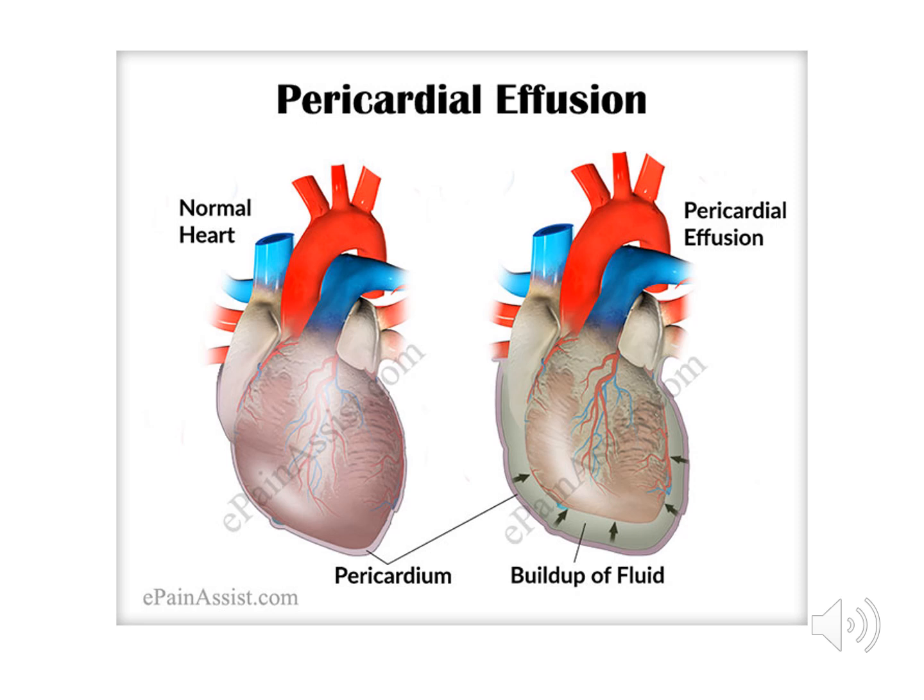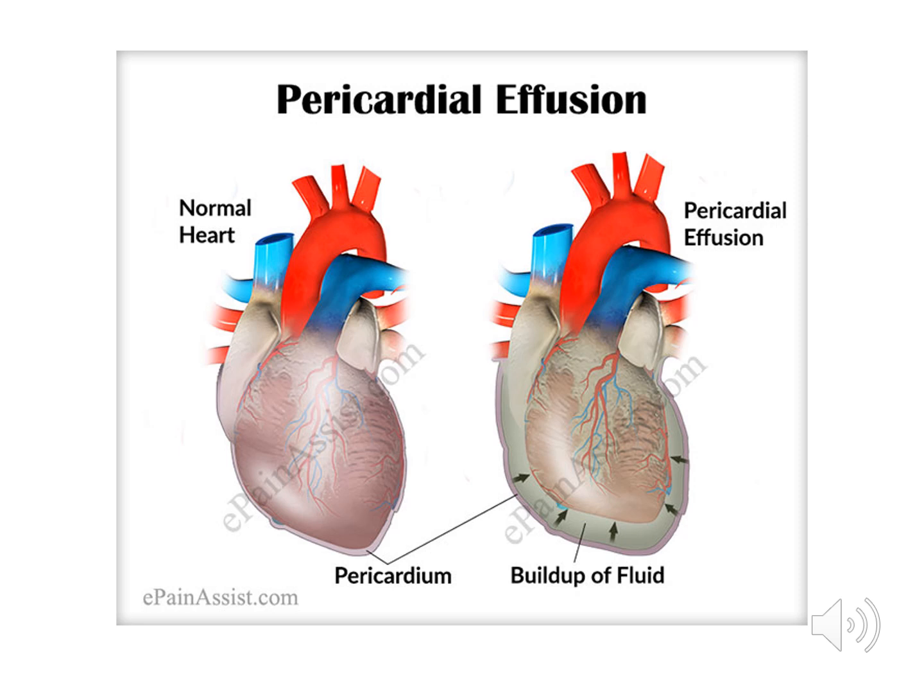Maybe the fluid is serous fluid, maybe it's pus, maybe it's blood. But you can see how if too much fluid collects in that space, it's going to start compressing the chambers of the heart.